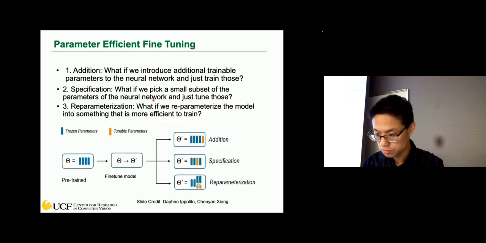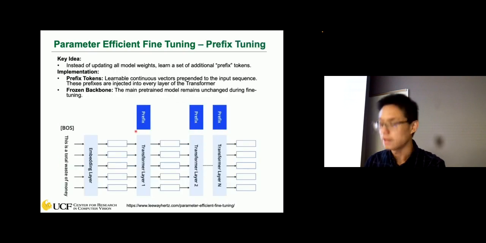This idea falls into the first category: we want to add some tunable parameters to adjust the model representation, but not all the parameters in the model. We still keep the pre-trained model fixed, and just add some learnable parameters. Hopefully, these learnable parameters are able to adjust the representation.